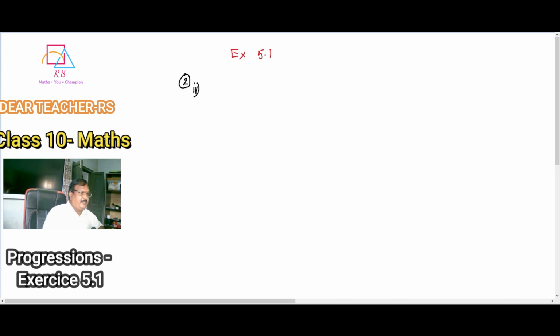A is equal to -1, and d is equal to half. So very simple. A1, the first term, is equal to minus 1, there is no change. A2 is A1 plus d, so that means minus 1 plus half, which is equal to minus half.